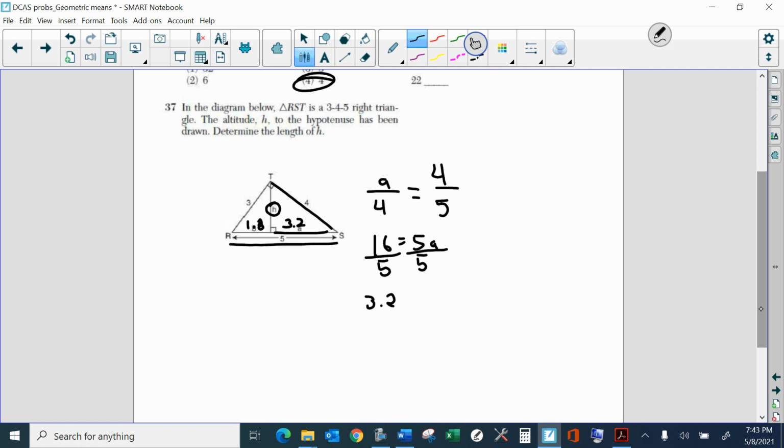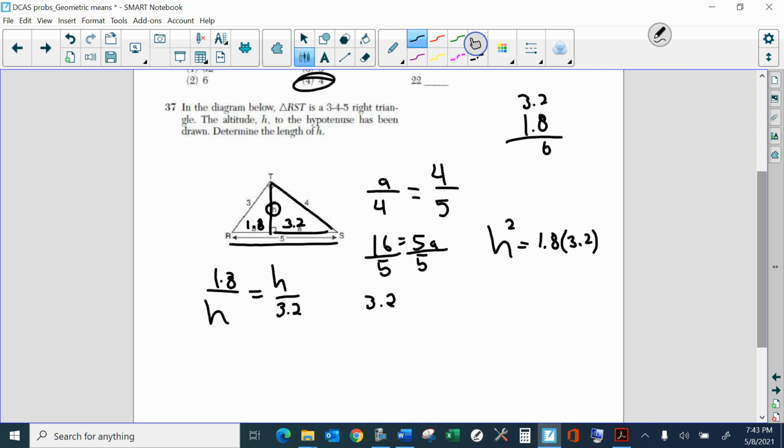Because those two add to 5. Now I can go ahead and use that because I have those two lengths. So the mean is h, and the two extremes are the 1.8 and the 3.2. So now I have h squared equals 1.8 times 3.2. So I need to multiply that out. 16, 24, 25, and 2 is 27.